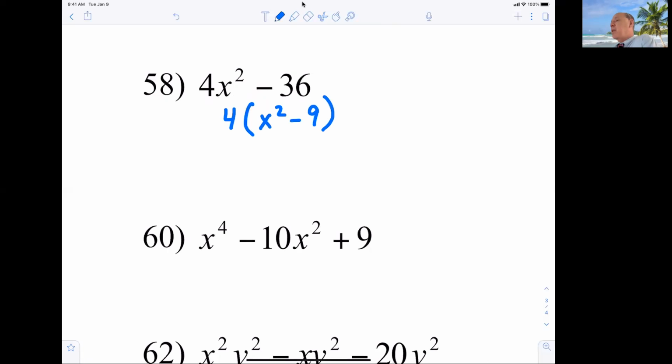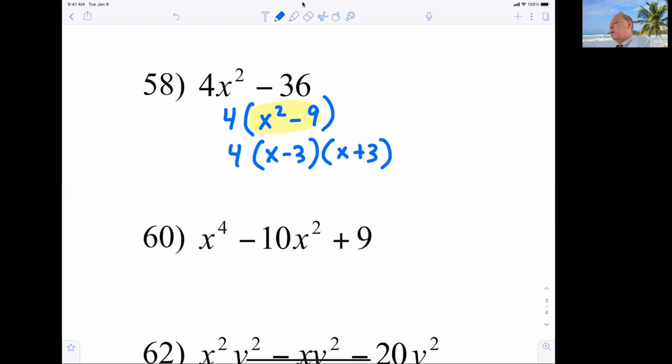Then you're looking at the x squared minus 9, and you're saying, that's what we did last week, is just factoring that. All right? So you leave the 4 out, and then x squared minus 9 factors to what? You are amazing. That's perfect. Thank you, Harrison.